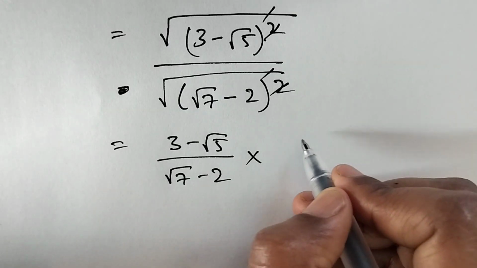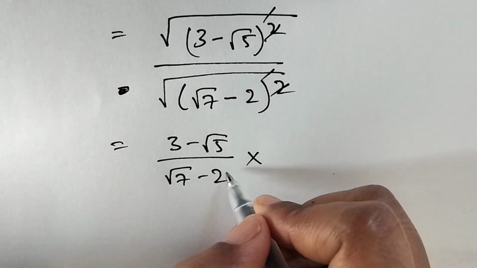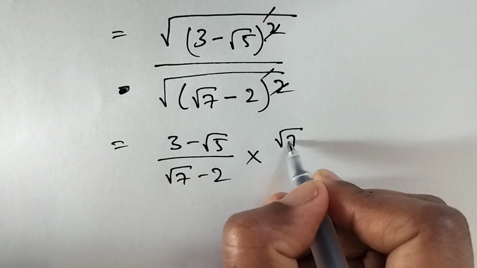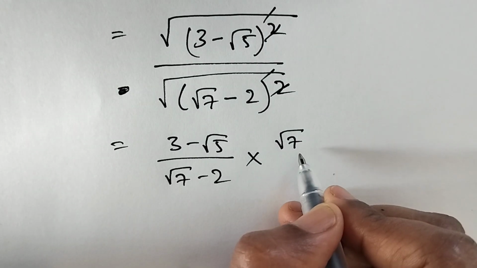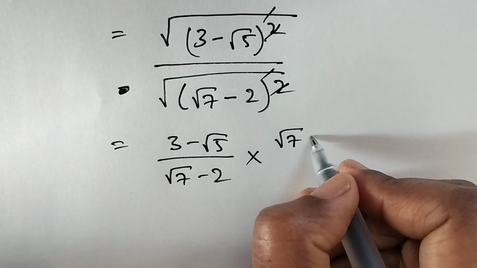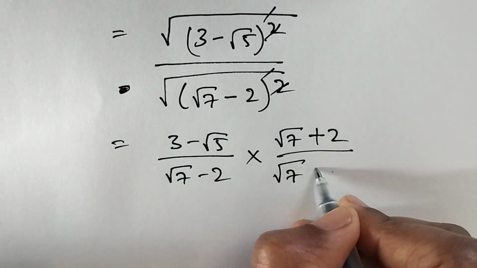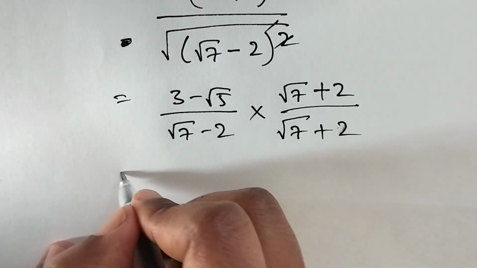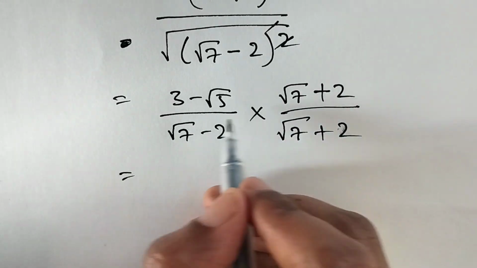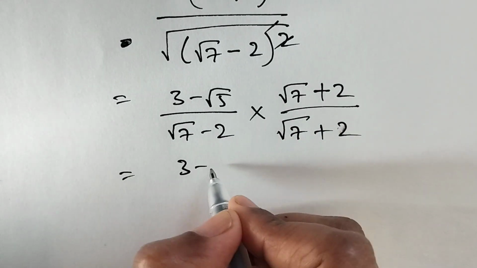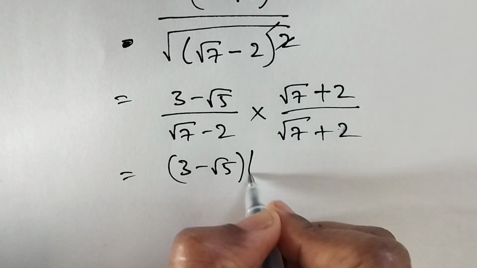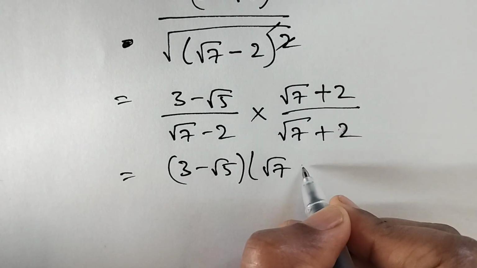In the numerator and the denominator, we multiply by the square root of 7 plus 2. So now we multiply these two terms: 3 minus the square root of 5, times the square root of 7 plus 2.